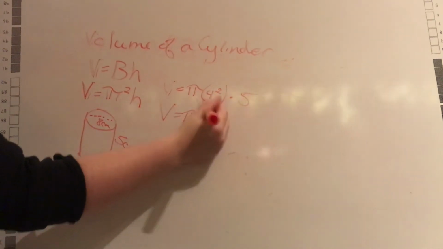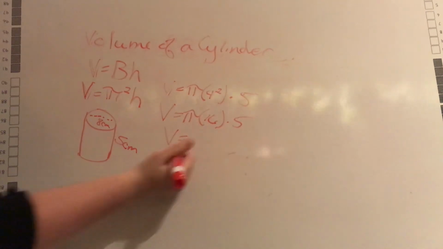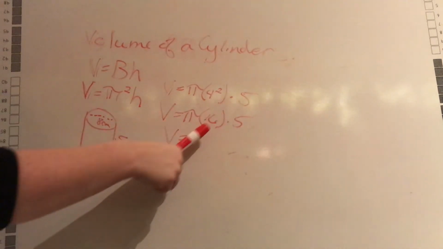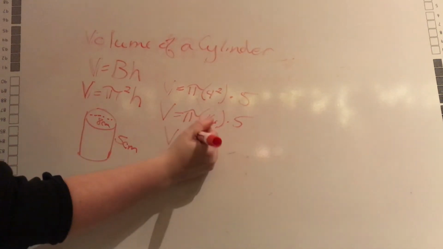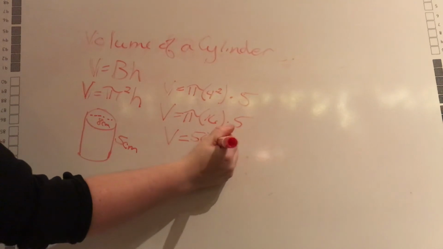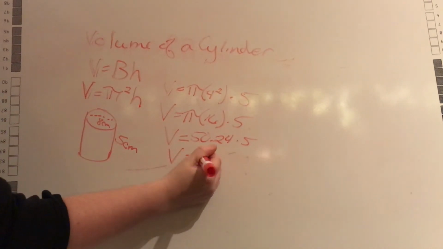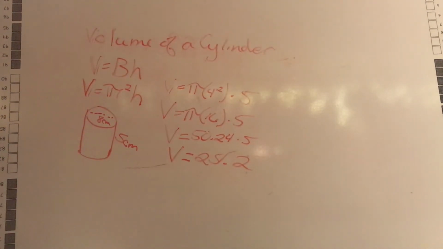That's going to be pi times 16 times 5, and 16 times pi is going to be 50.24 times 5. Our volume is going to equal 251.2.